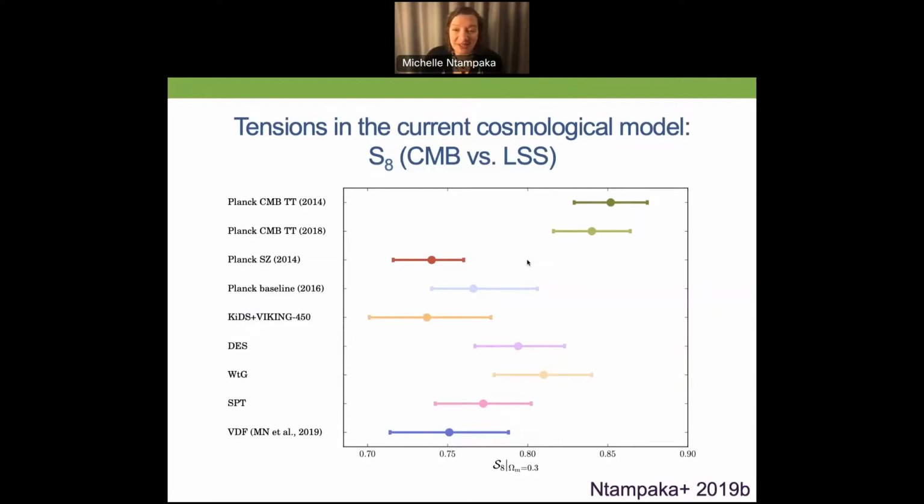So these early time measurements at the top, the Planck CMB ones in green, predict that there should be more massive galaxy clusters than probes of large-scale structure see. And those are the measurements at the bottom. And while these are not a significant tension, you can see that it's a persistent tension. Our measurements of large-scale structure regularly do see fewer galaxy clusters than the CMB would predict.